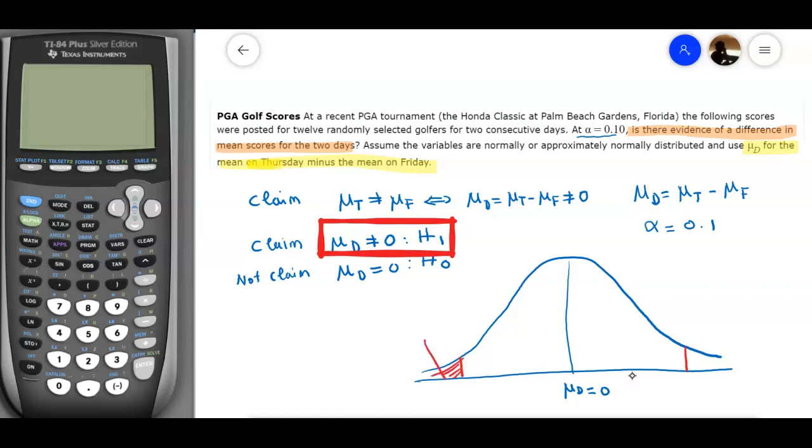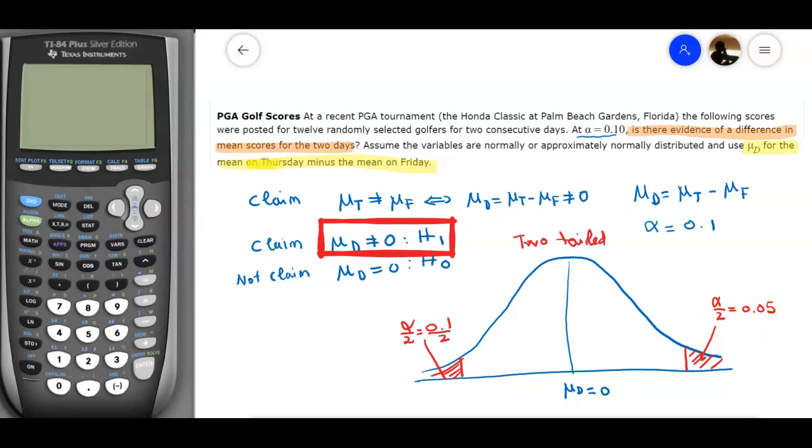This will be alpha over 2, which is 0.1 divided by 2, and the same on the other side, alpha over 2, which is 0.05. So obviously it's two-tailed, right?